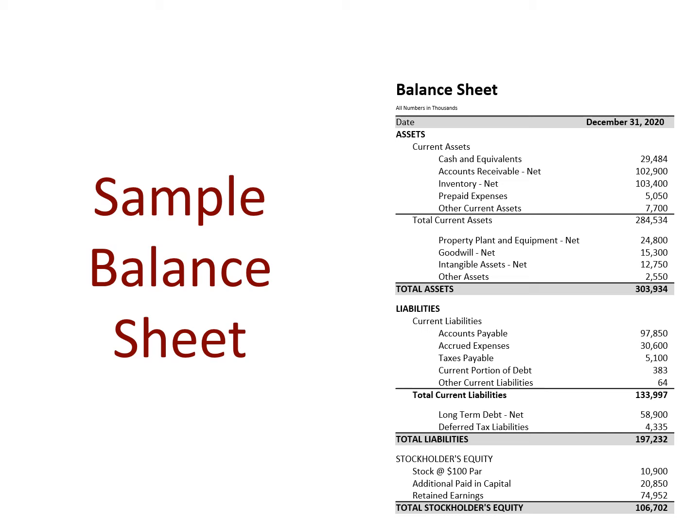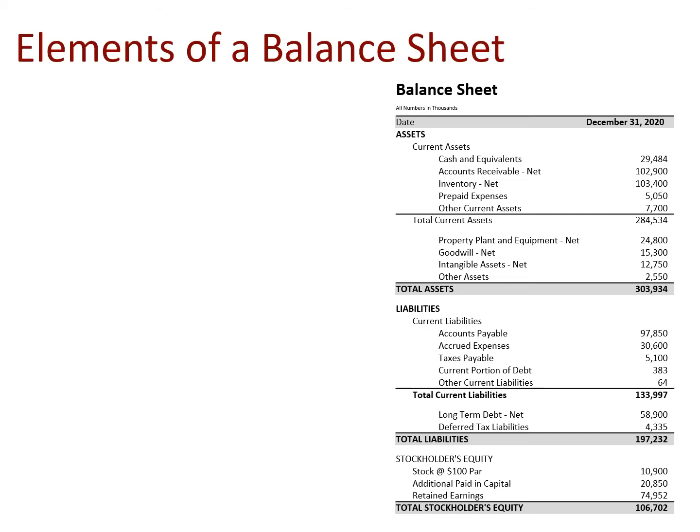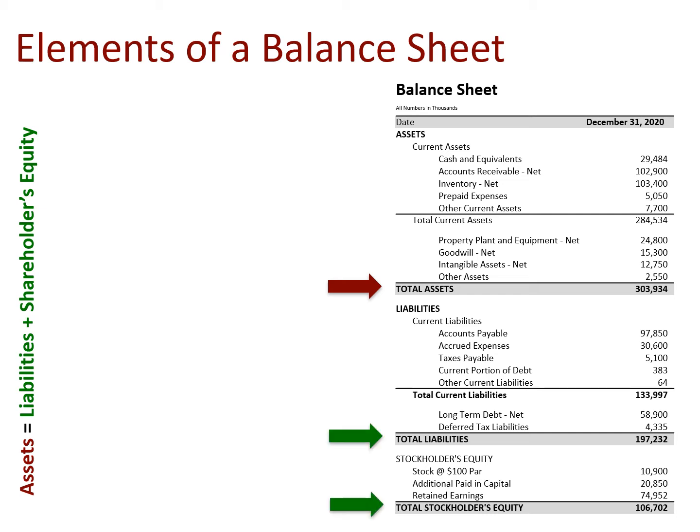We will use this sample balance sheet right here to discuss the elements of the balance sheet. Elements of the balance sheet. Again, remember our formula: total assets equals liabilities plus shareholders' equity. In essence, the total asset number here will equal total liabilities plus total stockholders' equity.